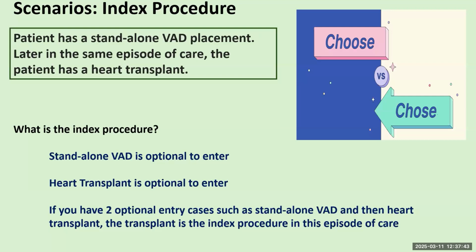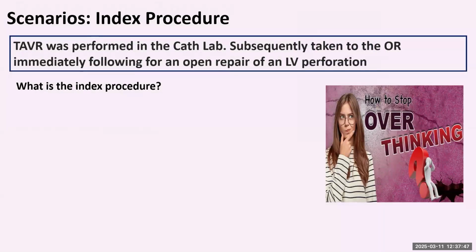Okay. I think we have a couple more of these. So, TAVR was performed in the cath lab. Subsequently taken to the OR immediately following for an open repair of an LV perforation. What is your index procedure?